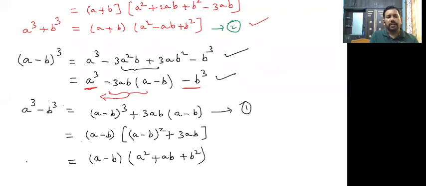So finally, a³ − b³, this is another formula. So there are two formulas for a³ − b³: one is (a − b)³ + 3ab(a − b), another is (a − b)(a² + ab + b²). These are the a³ + b³, a³ − b³, (a + b)³ and (a − b)³ formulas.